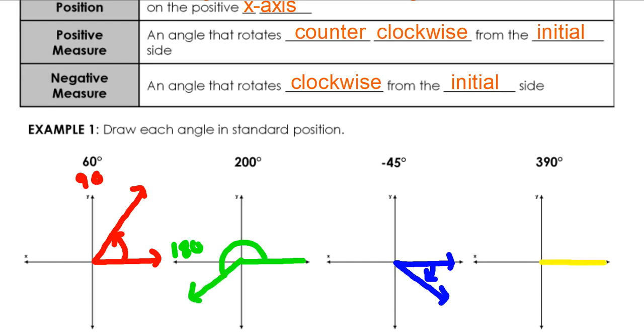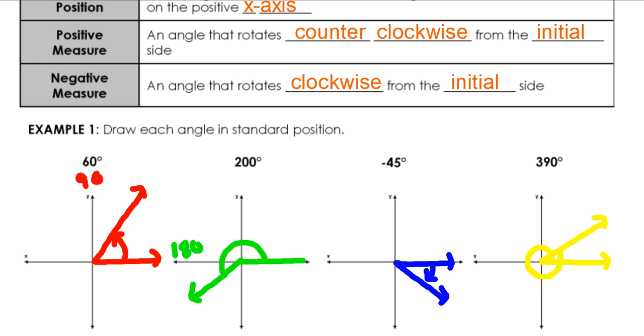It starts at that initial side on the positive x-axis. It goes around one complete rotation plus another 30 degrees. So it looks something like that. And we indicate that it's gone around more than once with the drawing of the actual angle. So those are the examples of standard position angles.